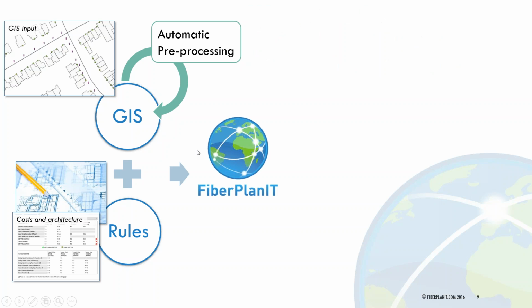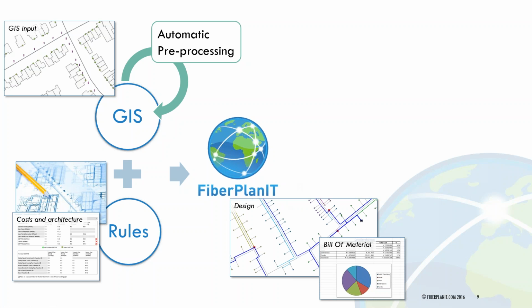Then FiberPlanIT takes this information into account, so it applies the design rules, taking into account the costs as well to lower the cost of your design, and applies this to your GIS input data of the area, and comes up with the design.